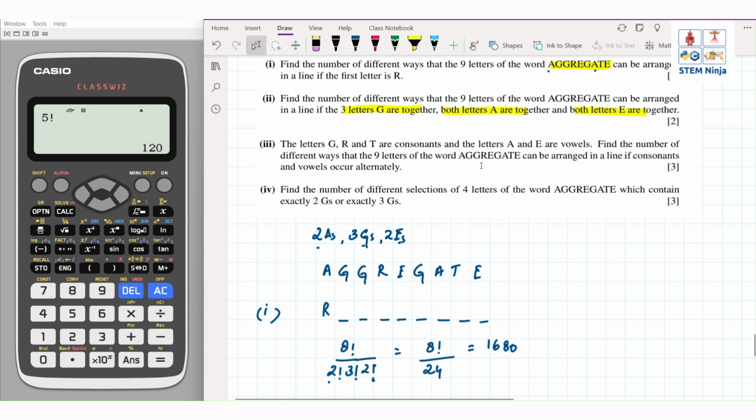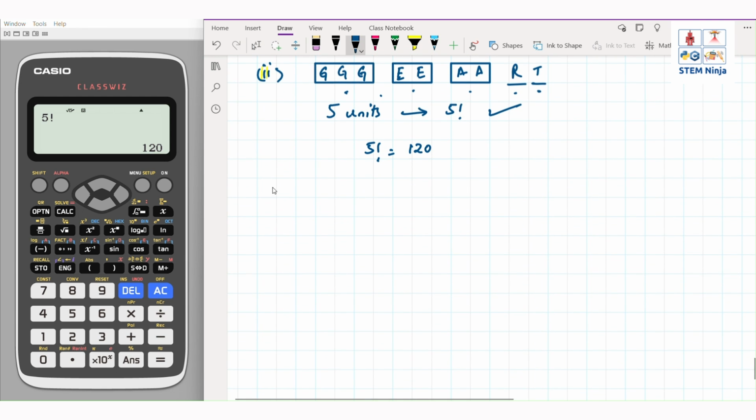All right. The letters G, R, and T are consonants and the letters A, E are vowels. Find the number of different ways that the 9 letters of the word aggregate can be arranged in a line if consonants and vowels occur alternately. Okay, this is also easy.